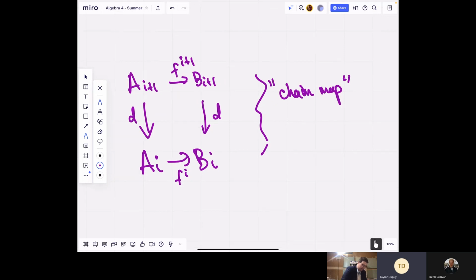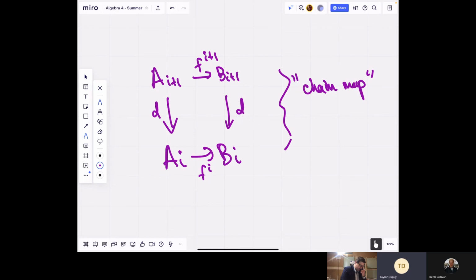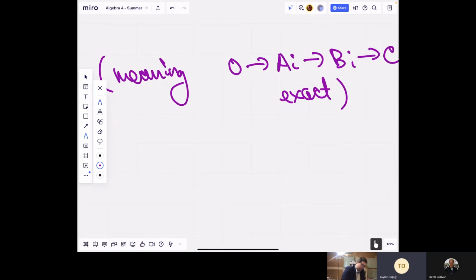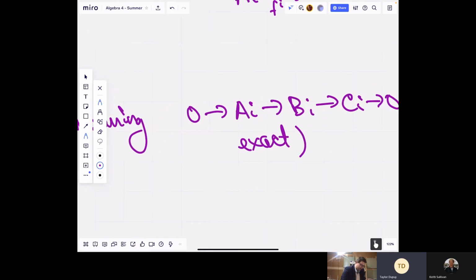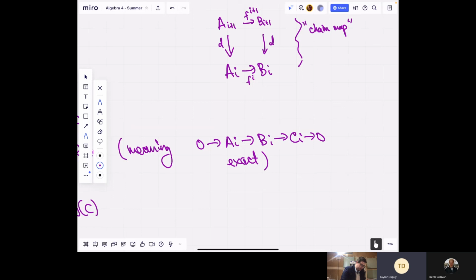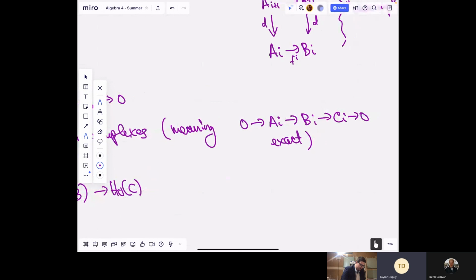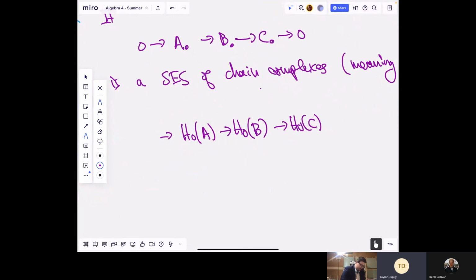All right, and anytime you have a chain map, it induces a map on the homologies. So it turns out that chain maps of complexes give you maps on homologies. And if we have a bunch of chain maps that are exact, meaning that horizontally they're exact, then you get one of these, right?